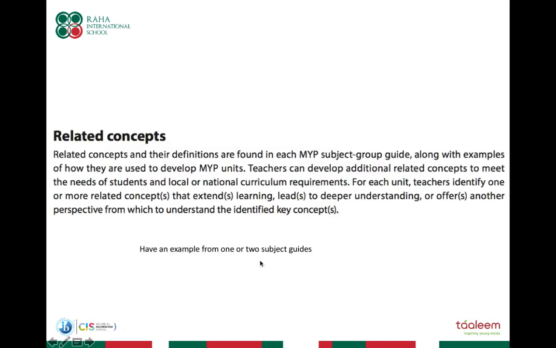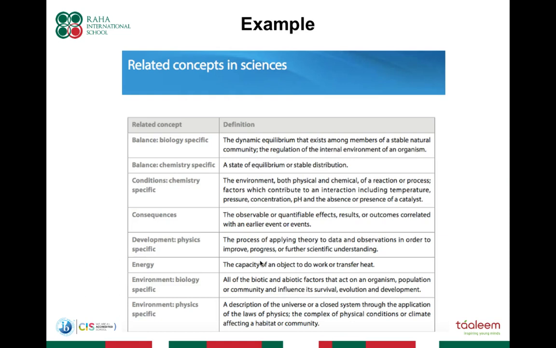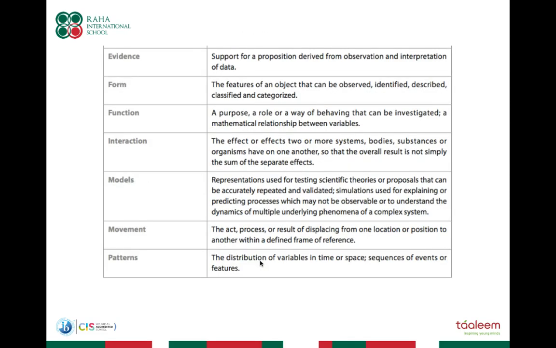So if we go back to the previous slide, within the key concepts and the related concepts, a lot of the foundational big ideas are being formed. And we'll get to the global context next, which is the final of the three big foundational ideas.